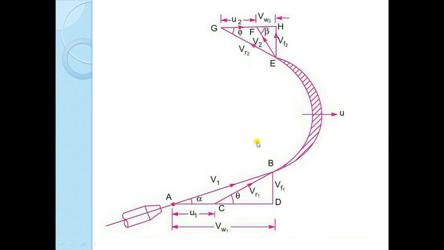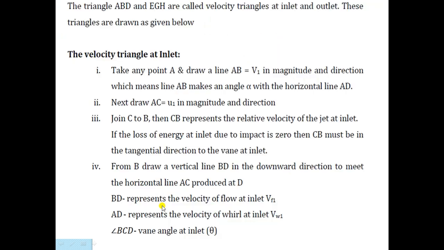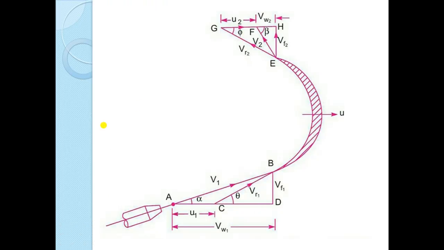If you observe the diagram here, AB is a line representing V1 both in magnitude as well as direction. Next, we need to draw AC, which is equal to U1 both in magnitude and direction, with A as origin.